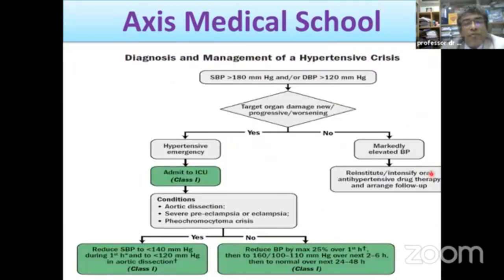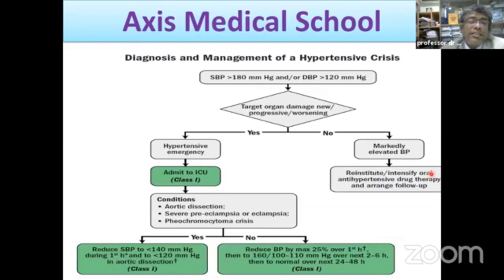So this is the flow chart when a patient comes with hypertensive crisis or hypertensive emergency. Systolic blood pressure is more than 180 millimeter mercury, or diastolic blood pressure is more than 120 millimeter mercury. And if the patient has target organ damage, it may be new, progressive, or worsening target organ damage.